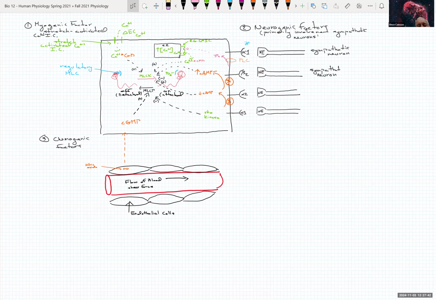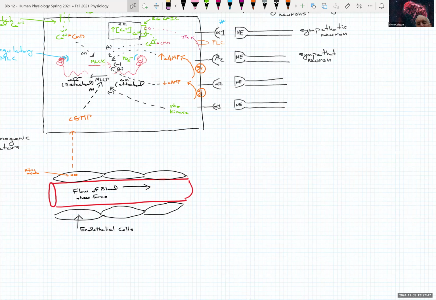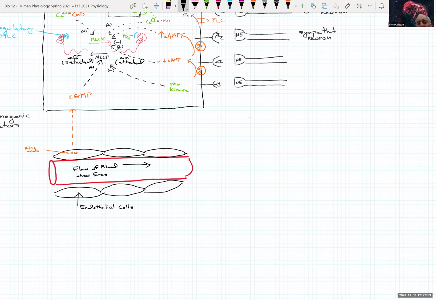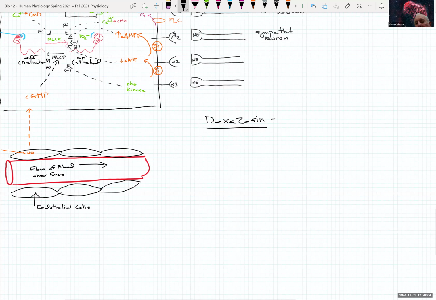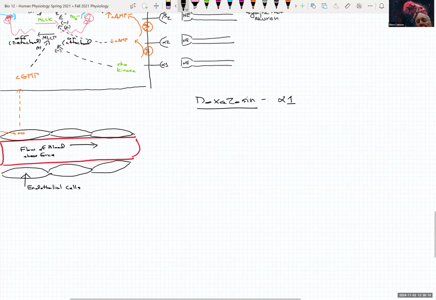So there is a drug known as doxazosin. And doxazosin is an alpha-1 antagonist.